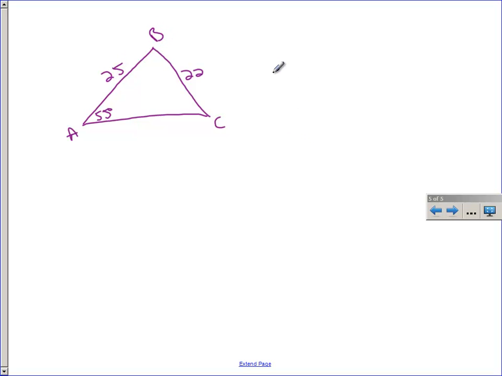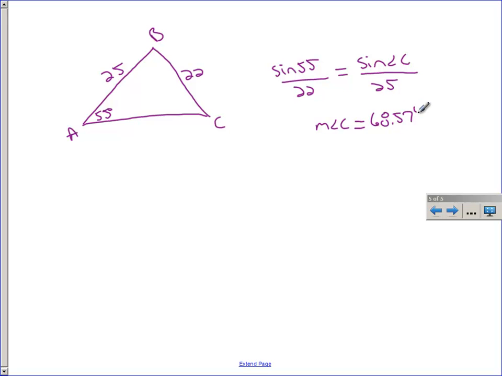And let's set this up. The sine of 55 degrees over 22 equals the sine of angle C over 25. And when you cross multiply and you do the arc sine of something that works out to be less than 1, it works out that the measure of angle C is 68.57. So that is one of the solutions.